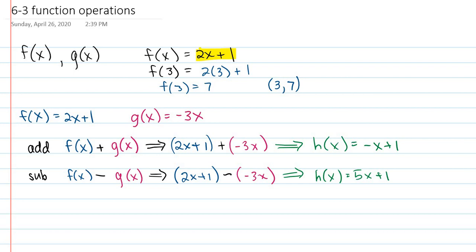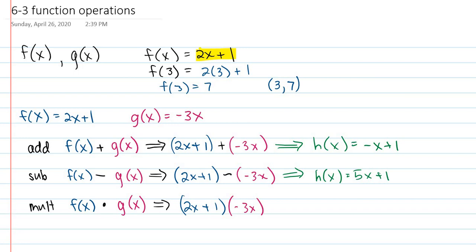You can repeat this for multiplication. So we have f of x, and now we're going to multiply times g of x. So we get 2x plus 1, and in this case, we're multiplying by negative 3x.